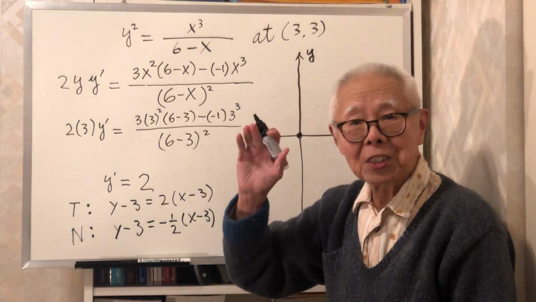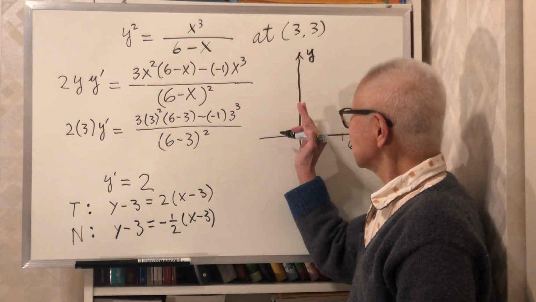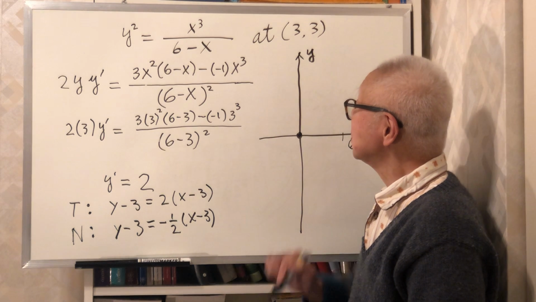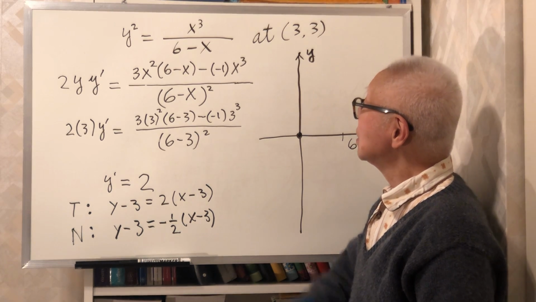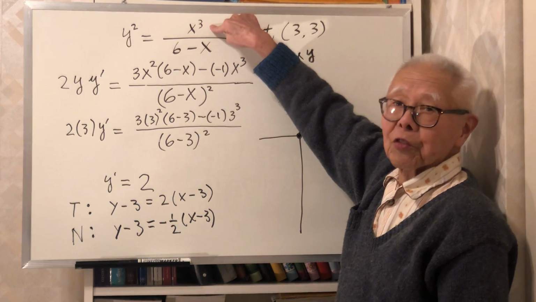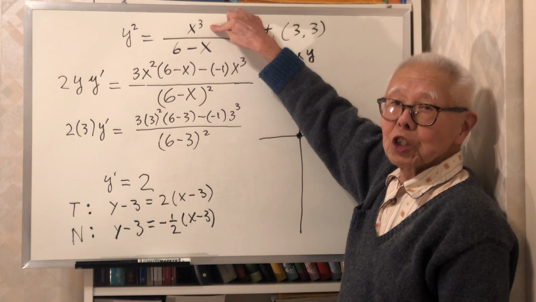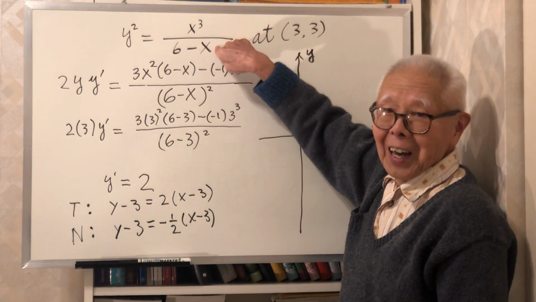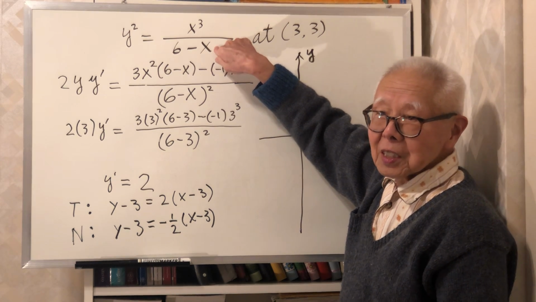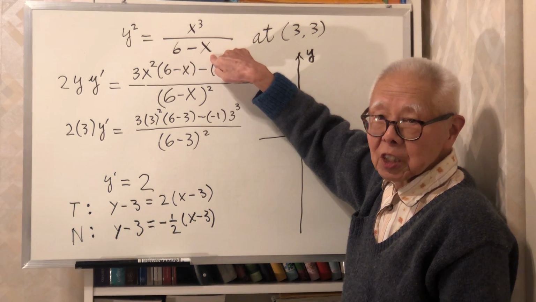Can x be negative? If x is negative, the numerator is negative. If x is negative, the negative x becomes positive.